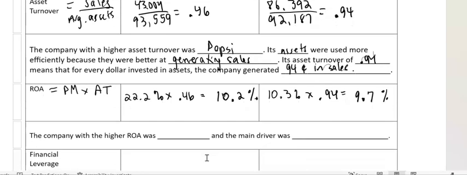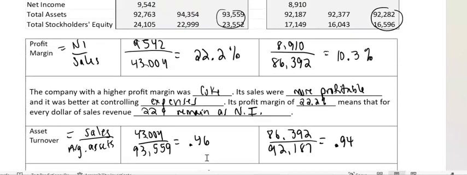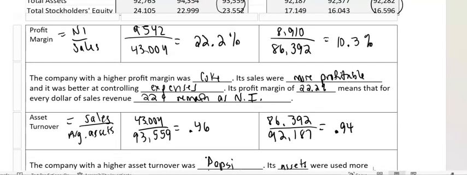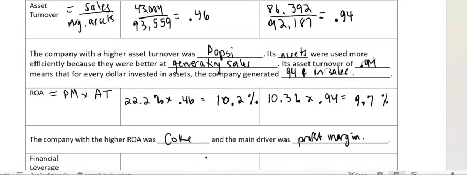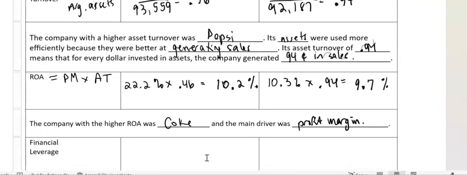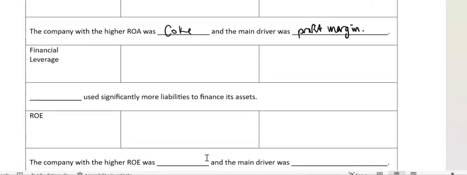The company with a higher ROA was Coke. And the main driver of that was because Coke had the higher profit margin. So the higher profit margin beat out the lower asset turnover in this case. This is mathematical, so it might not always work out that way.